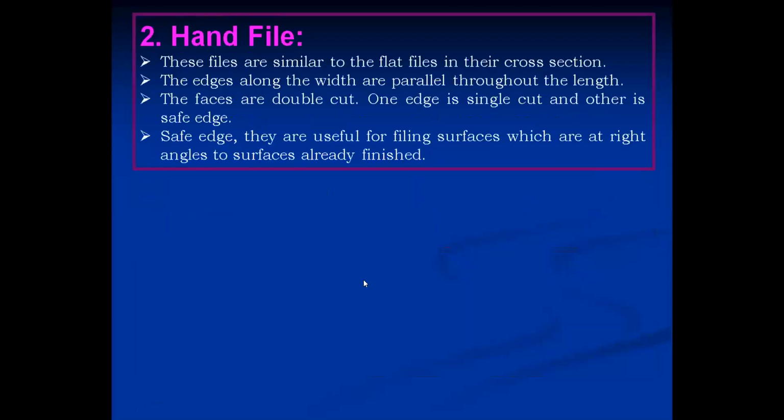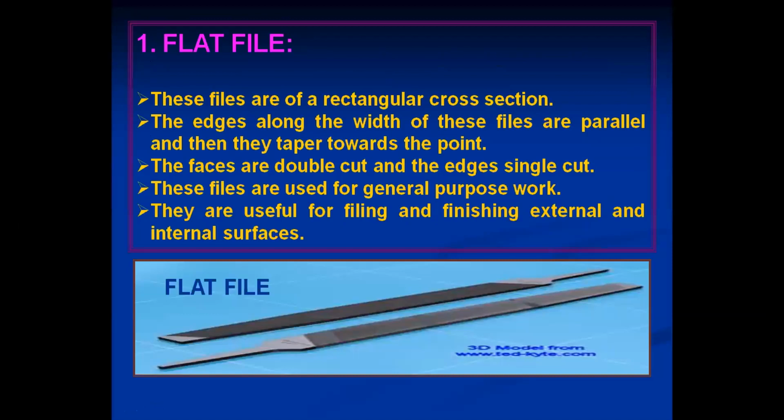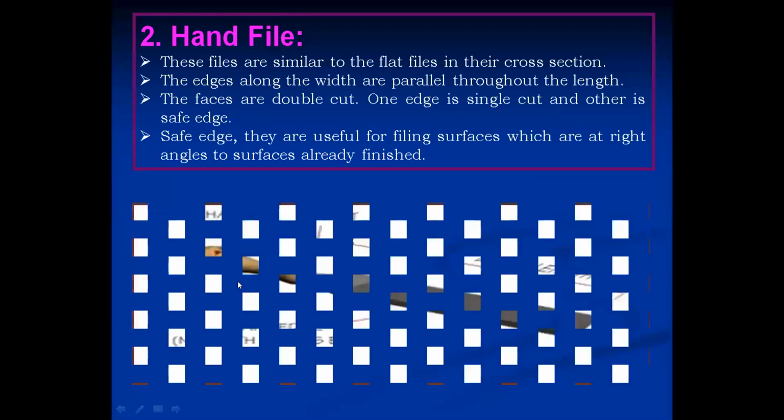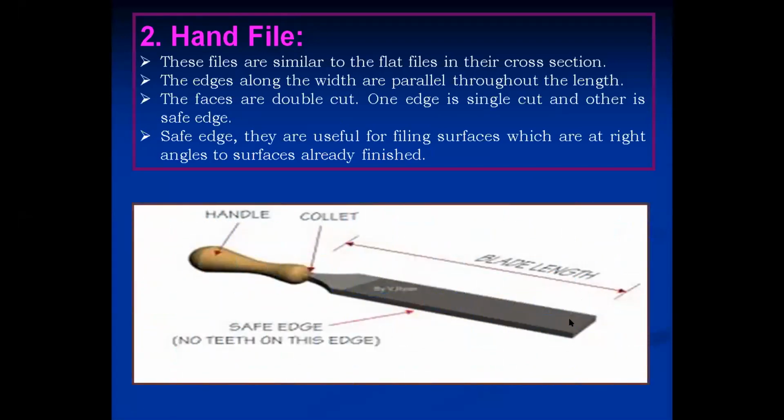Next, hand file. These files are similar to the flat file in their cross section. The cross section of the hand file and flat file are both the same, a rectangular cross section. The edges along the width are parallel throughout the length.